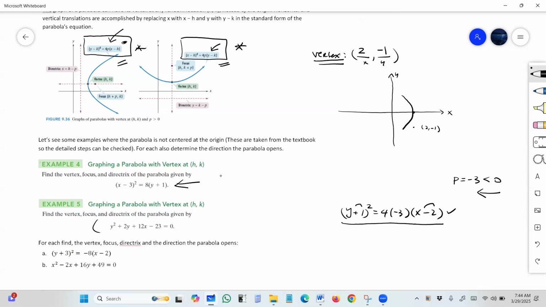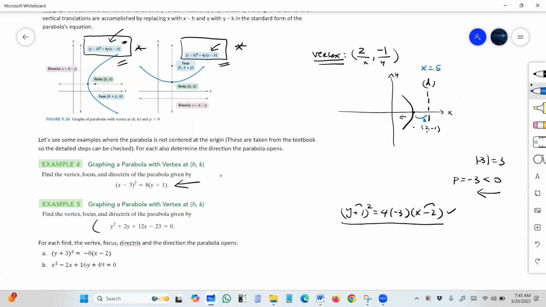And my p-value is -3, but in absolute terms, it's +3. So I am 3 units this way for the directrix and 3 units going in here for the focus. So this is 3 units, right? So if my x is at 2, 3 units to the right would be x equals 5.